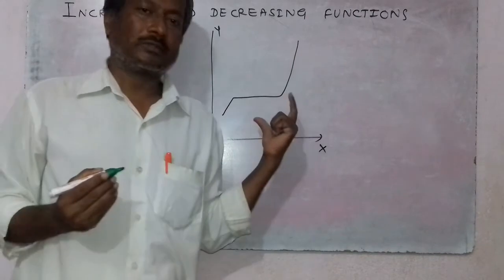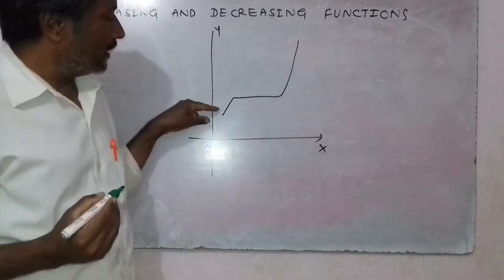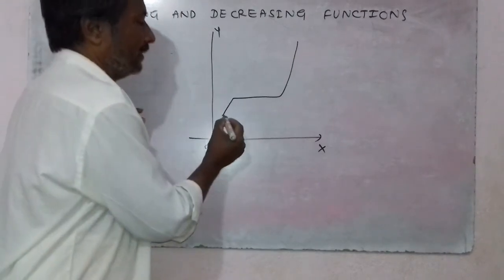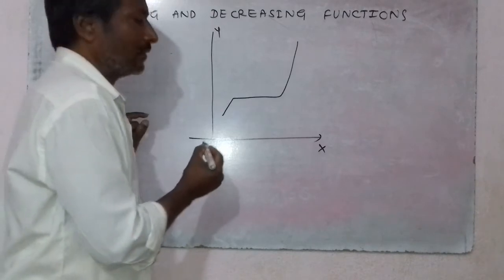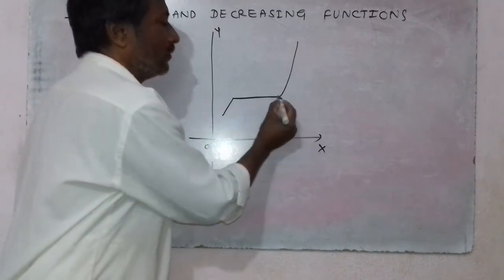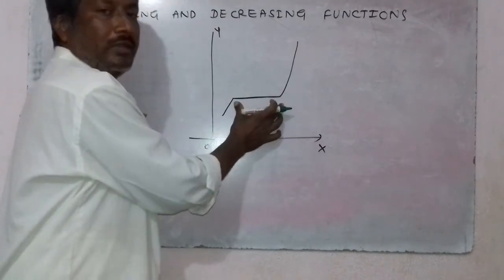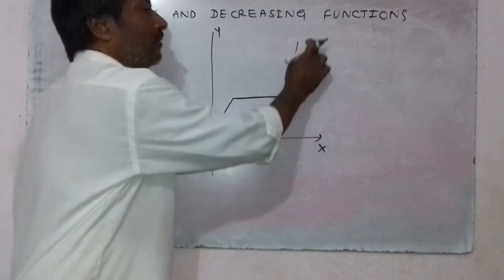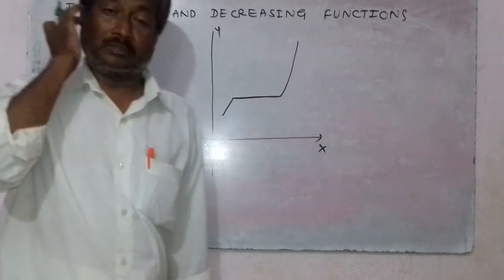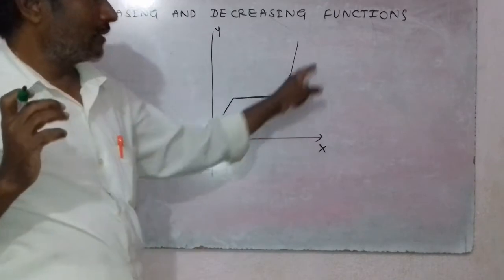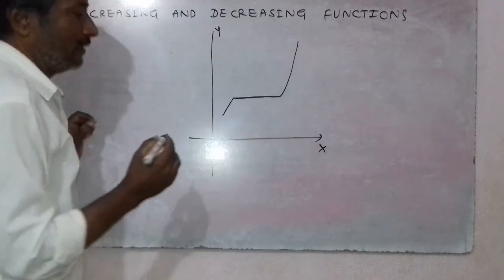Observe this graph. Here the graph is increasing. Here there is no increment. Here the graph is again increasing.